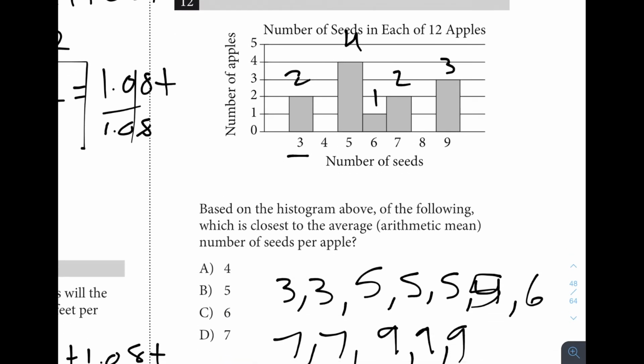If you add all these up, it's going to equal 72. And then to get the mean, we'll just divide it by the total number of apples, which is 12. So 72 divided by 12 is 6. So the correct answer is going to be C.